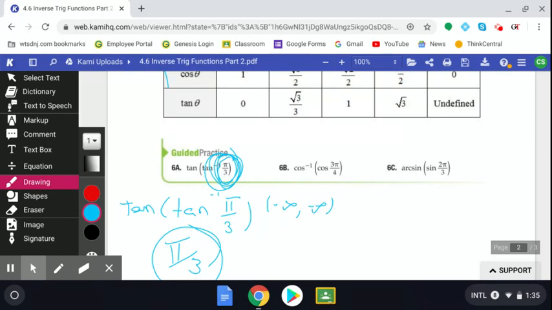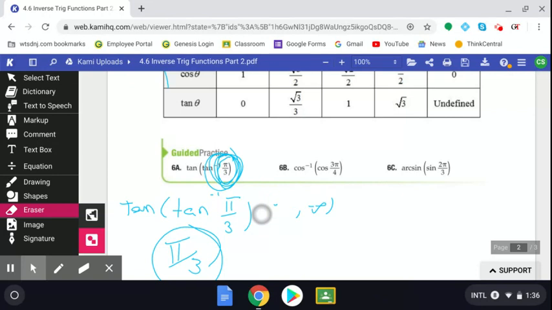For the next one, 3 pi over 4 has to be in the domain of inverse cosine of x, so x has to be between 0 and pi. Let me erase this so I have more room here.